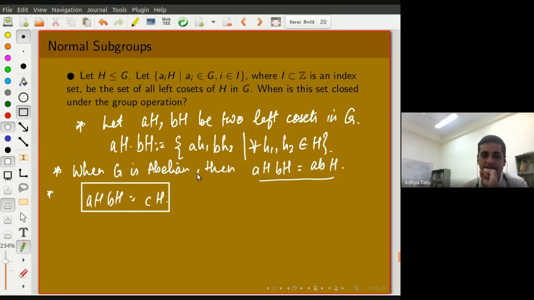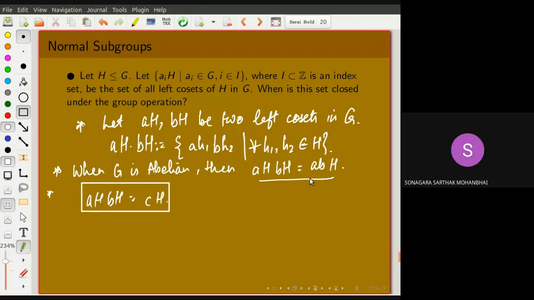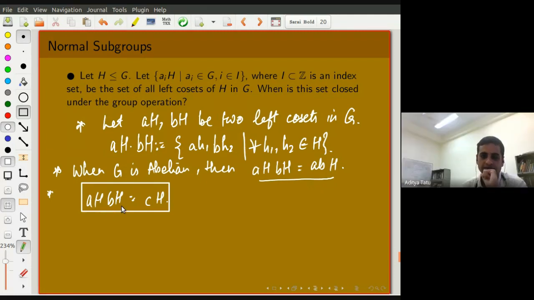If G is abelian, then surely this is true: aH bH will be equal to abH. Yes. But what I'm trying to find out is the smallest constraint on either H or on G such that this property is true.